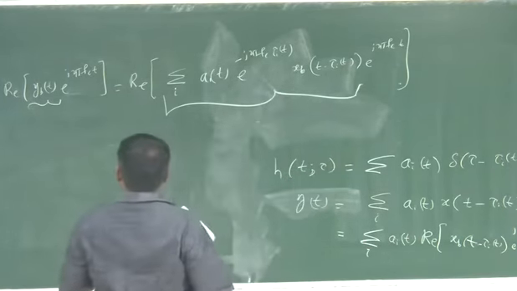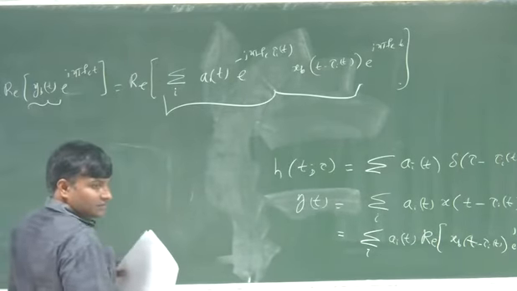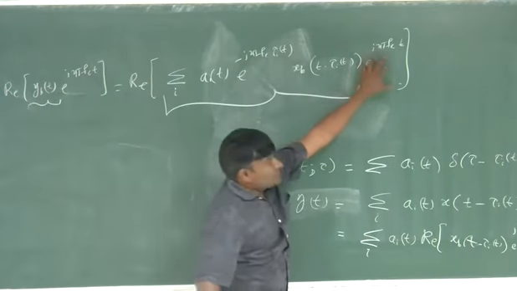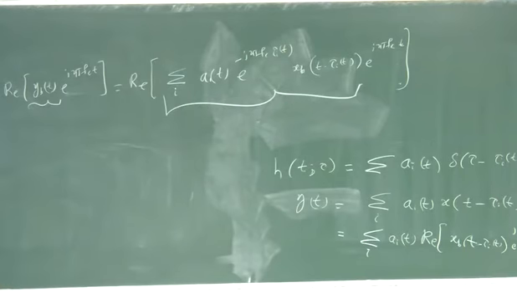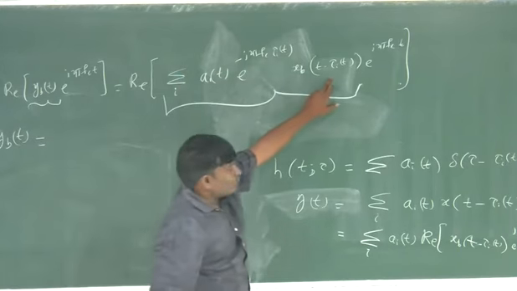This part and this part are comparable, right? The real part of something times e to the j 2 pi f_c t. So if I have to write y_b of t, then that would be the entire portion, isn't it?